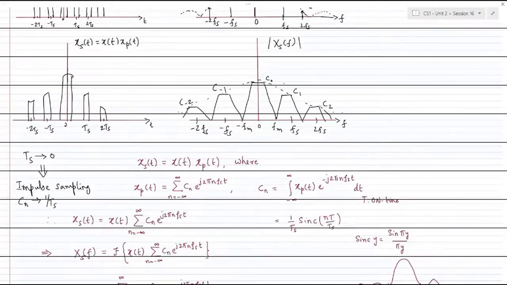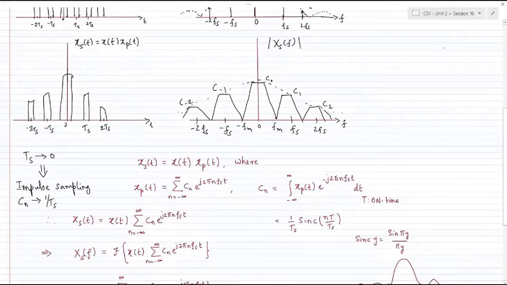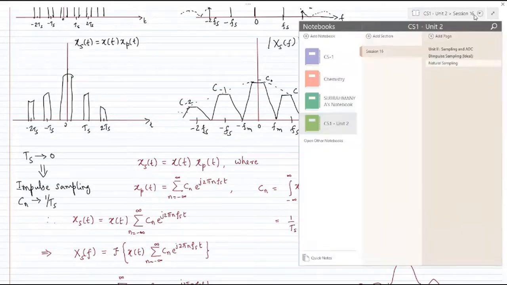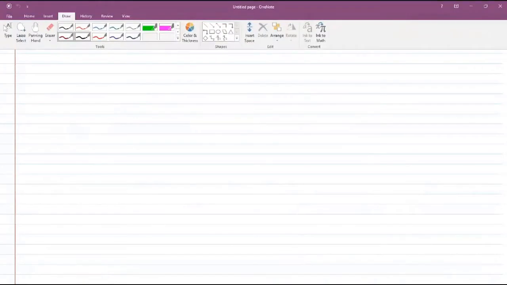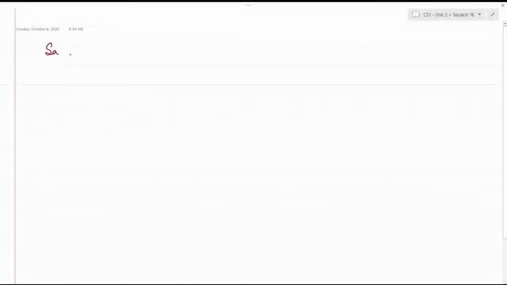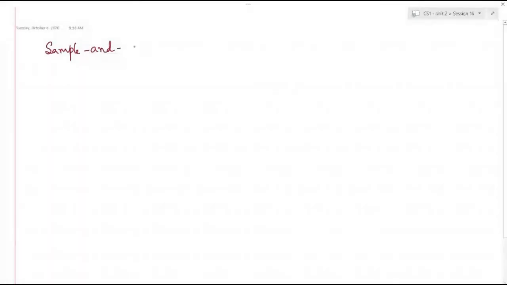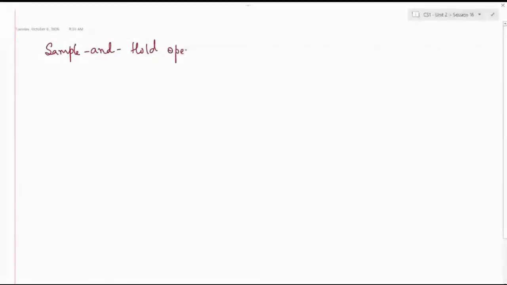Before moving on to the last type of operation, which is very interesting and more practically used, this is the case with sample and hold.